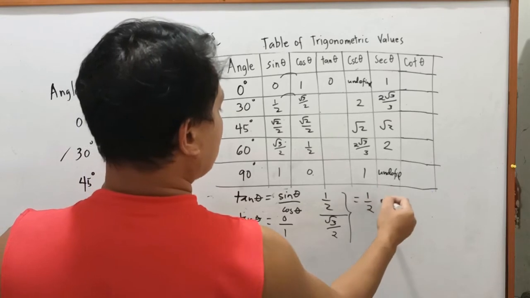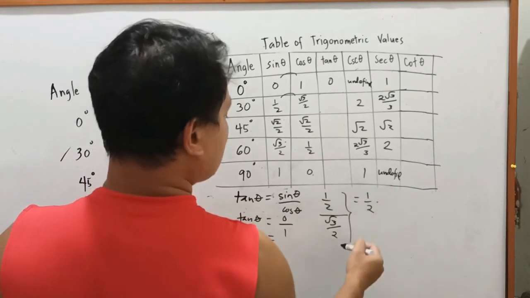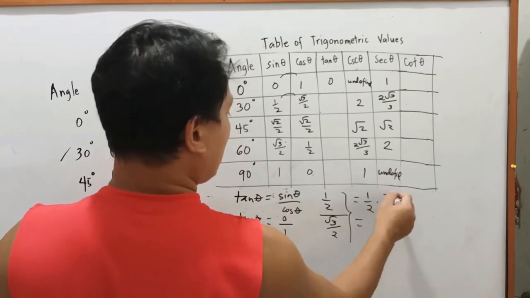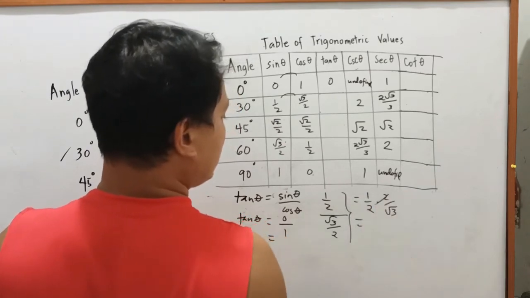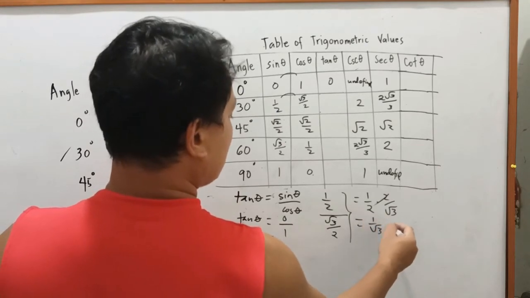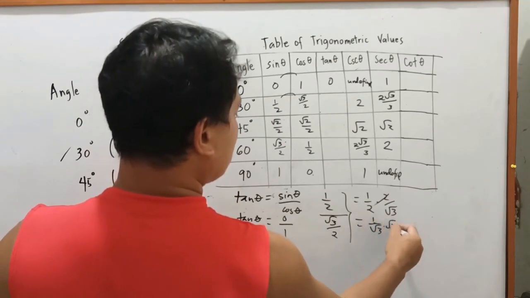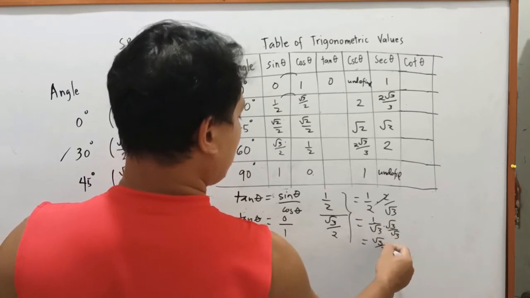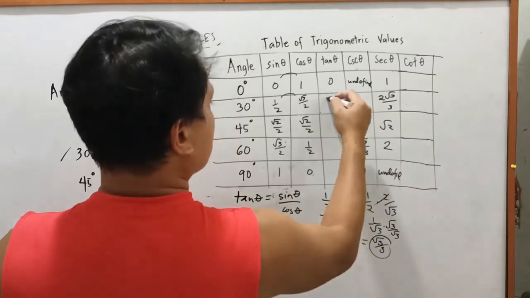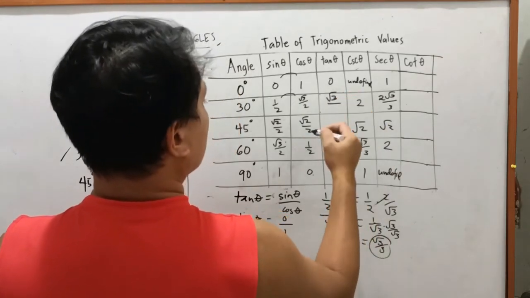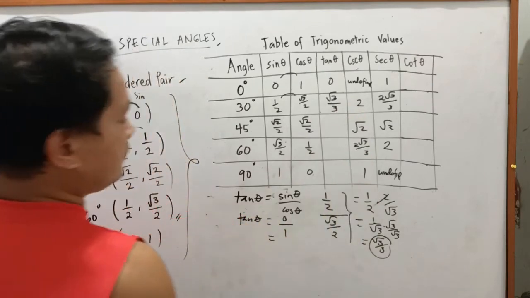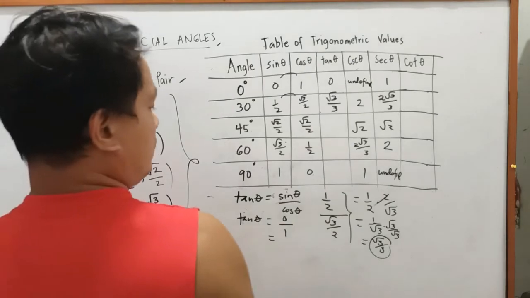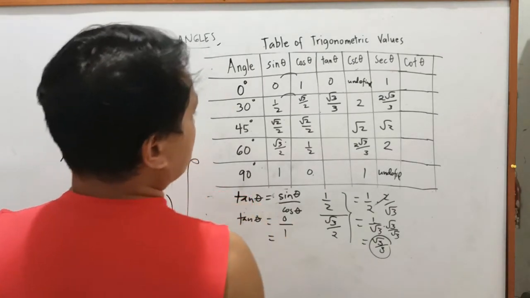Copy the first fraction, proceed to multiplication, get the reciprocal of the second fraction, which will become 2 over square root of 3. 1 times 2, 2, cancel or 1. 1 over square root of 3, rationalize the denominator, meaning 1 times square root of 3, square root of 3 over 3.